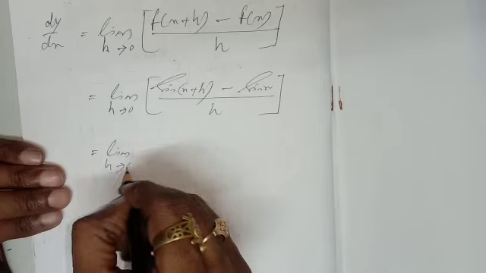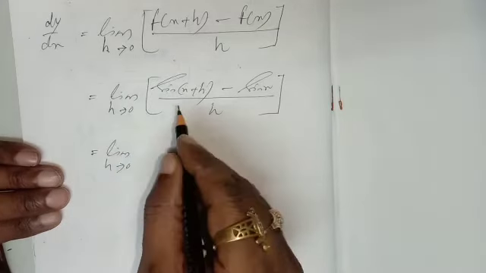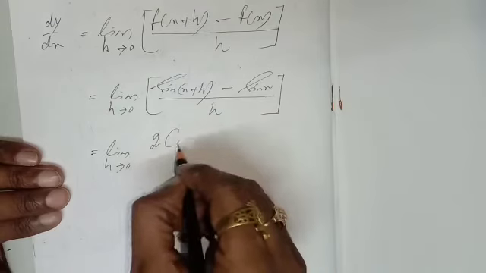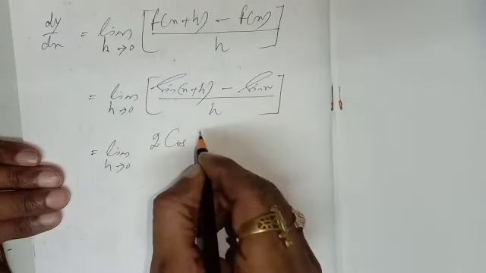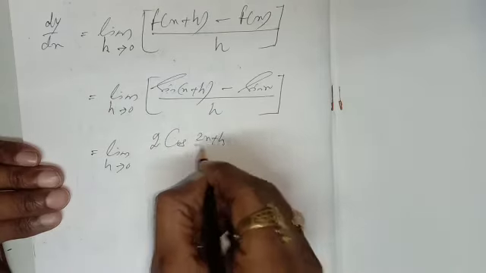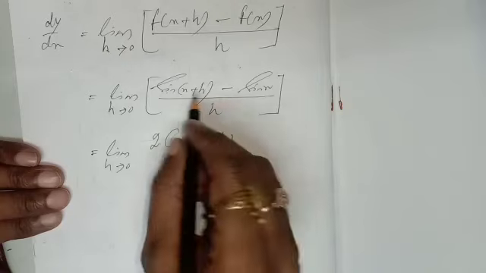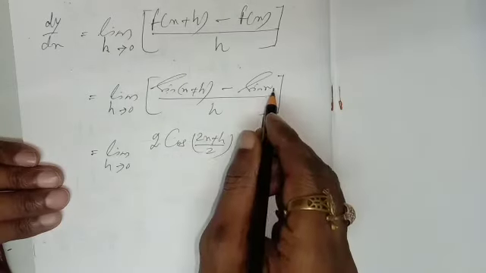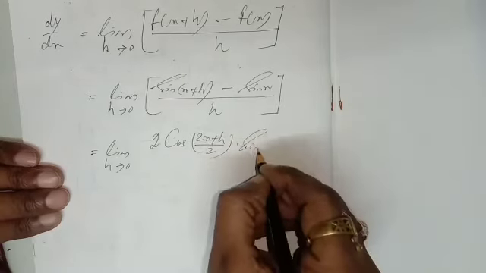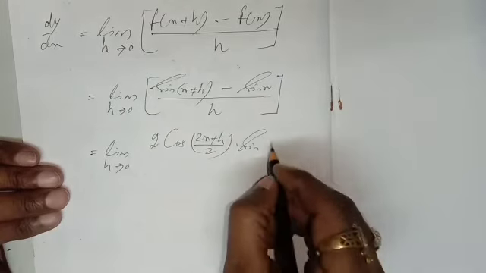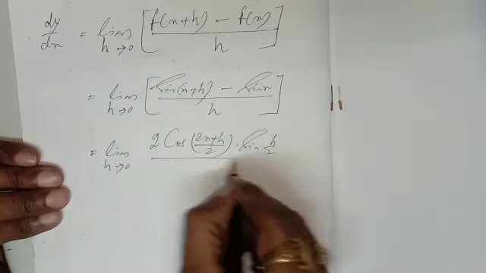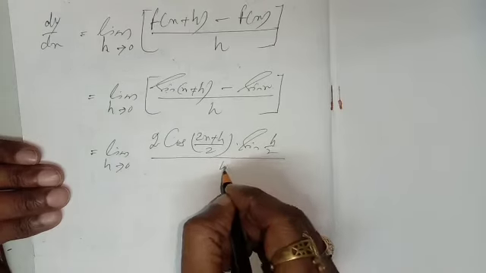Limit h tends to 0. Sin c minus sin d formula is 2 cos((c plus d) by 2), that means (2x plus h) by 2, c plus d, this is c, this is d, into sin((c minus d) by 2), that means h by 2, by h.